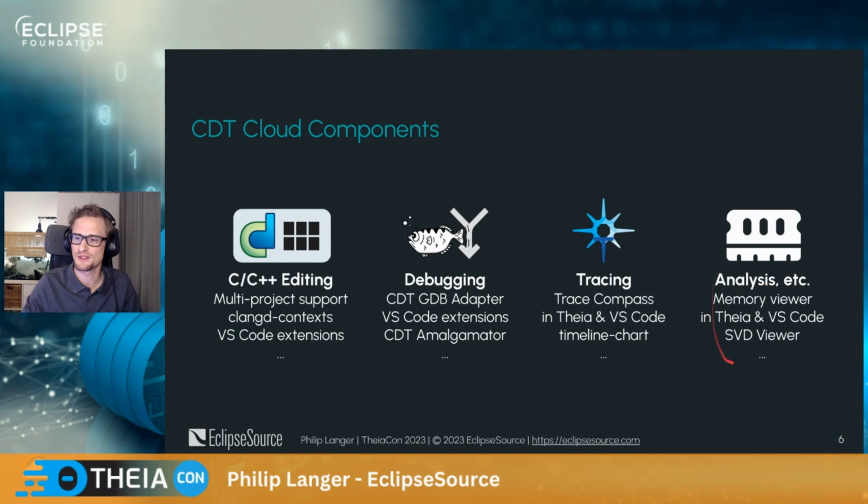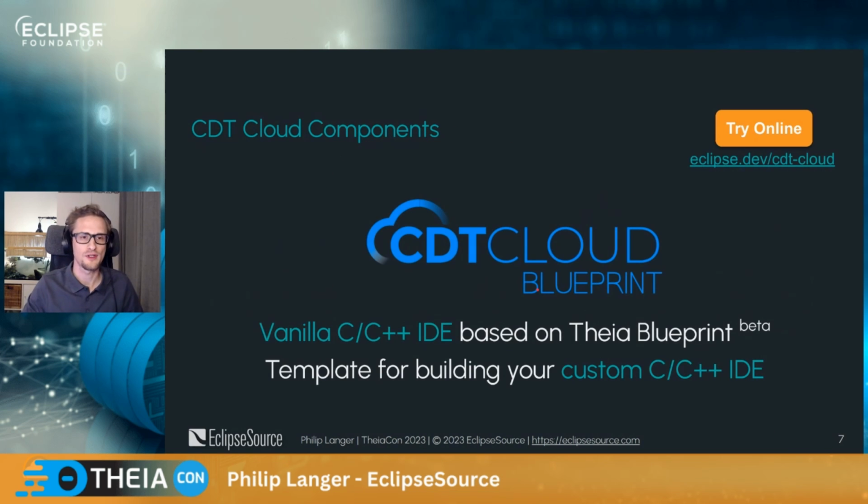And further, there are a couple of technologies and components that help you in code analysis and program analysis. For instance, a memory viewer for Theia and VS Code, as well as an SVT viewer and many more.